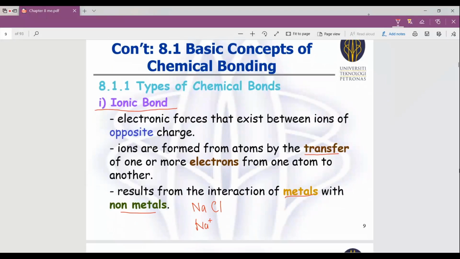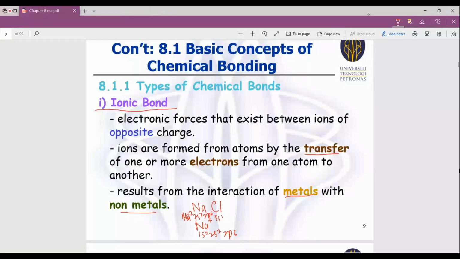Na+ has the electronic configuration 1s2 2s2 2p6, while the Na atom is 1s2 2s2 2p6 3s1. So one electron transfers to Cl.